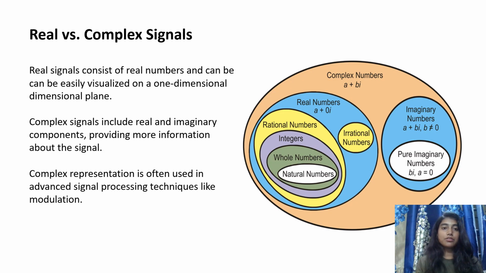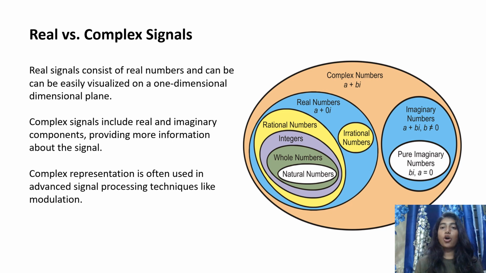Now we have real versus complex signals. Real signals consist of real numbers and can be easily visualized on a one-dimensional plane. Complex signals include real and imaginary components, providing more information about the signals. Complex representation is often used in advanced signal processing techniques like modulation.